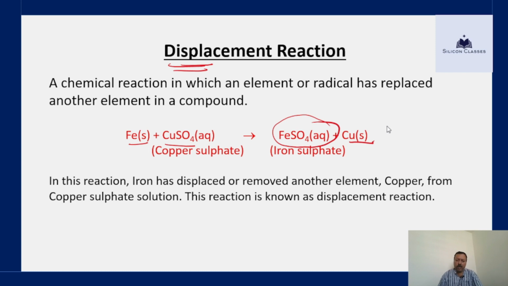Here iron is more reactive than copper, so it will displace the copper from copper sulfate to form ferrous sulfate and copper solid. So this is the example of the displacement reaction.